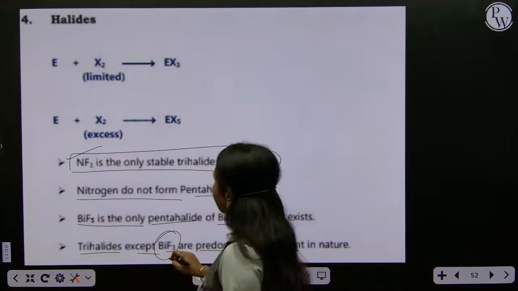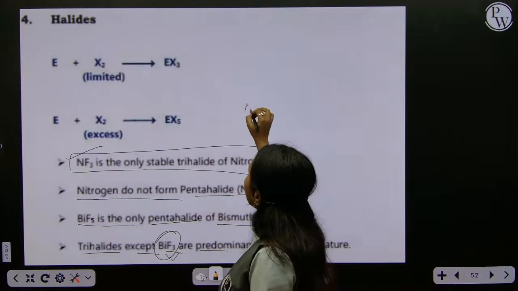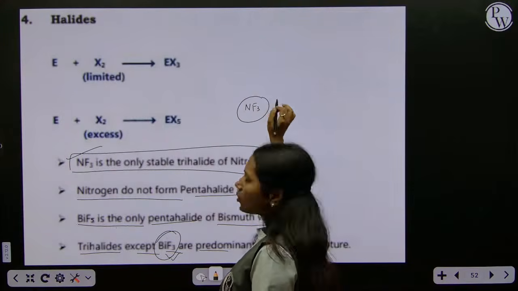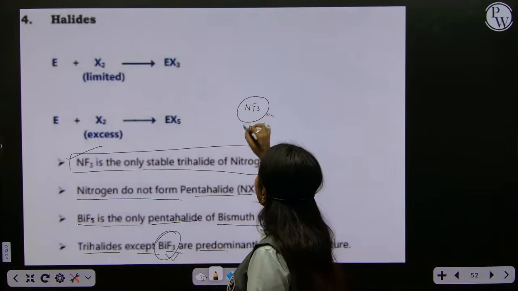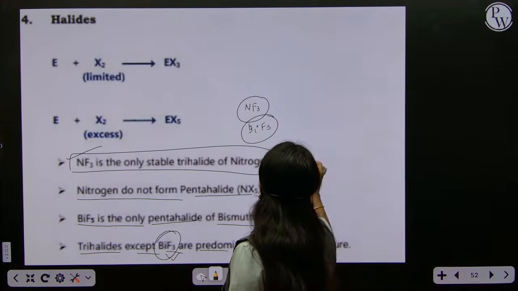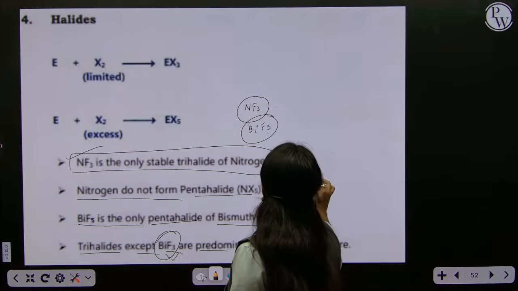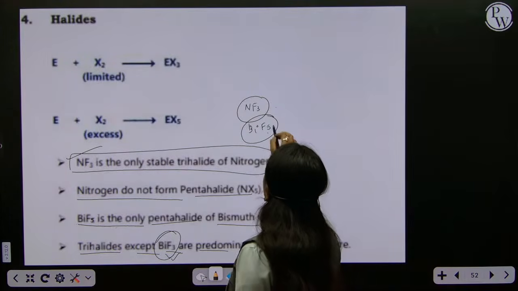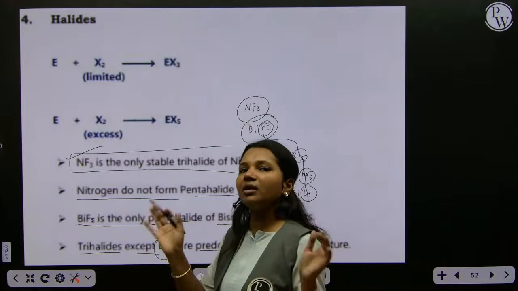They can ask you BiF3 is what in nature? BiF3 is ionic. So NF3 is the only trihalide of nitrogen and BiF5 the only pentahalide of bismuth, because if you write chlorine, bromine, iodine, their size increases and stability becomes less.